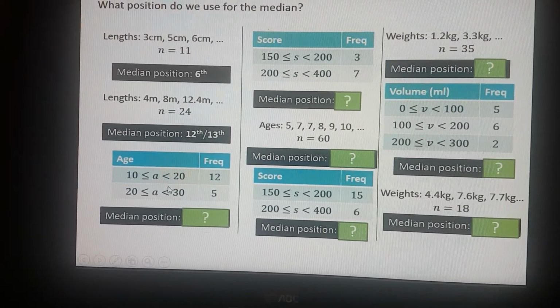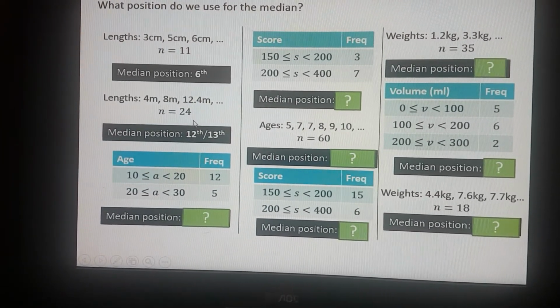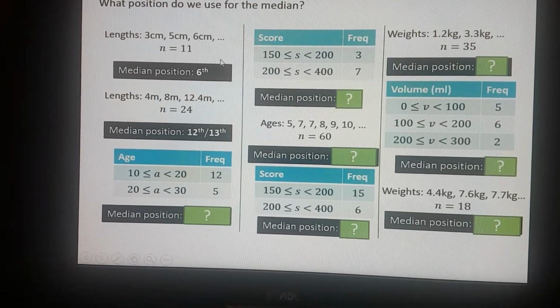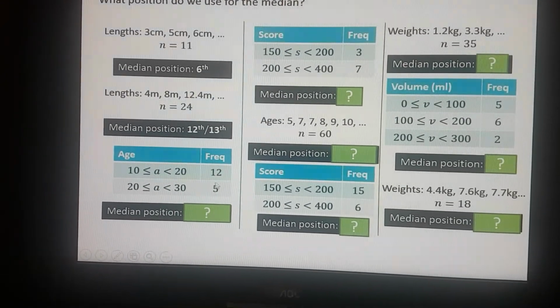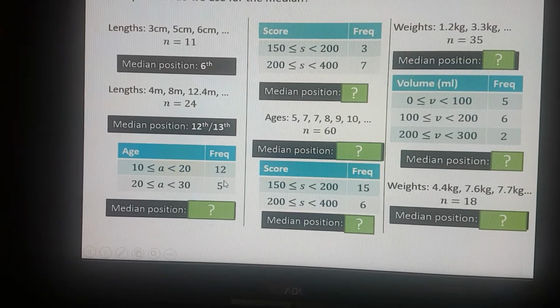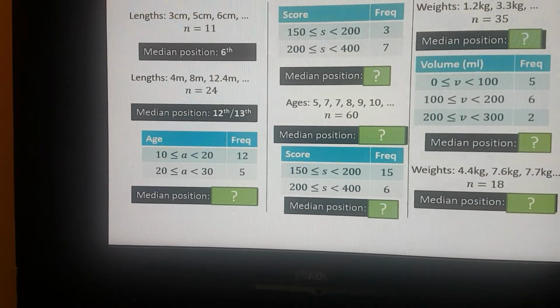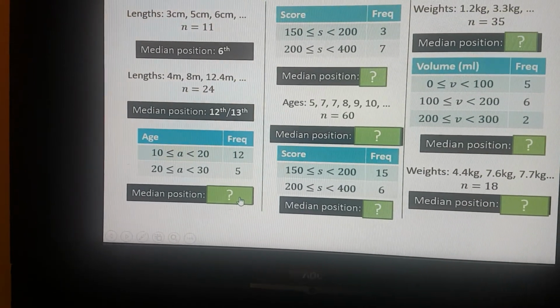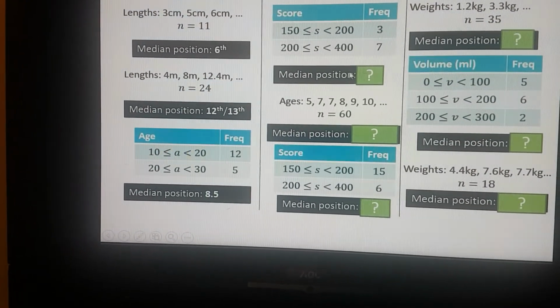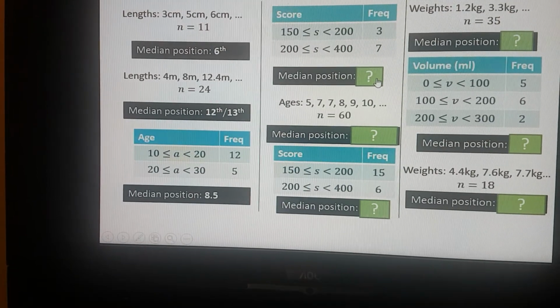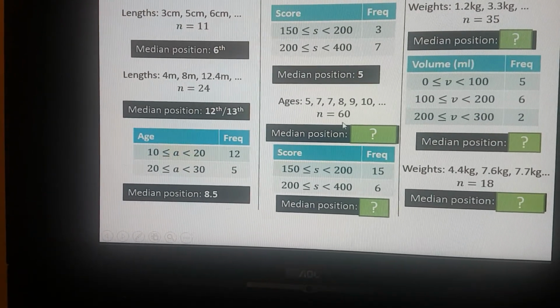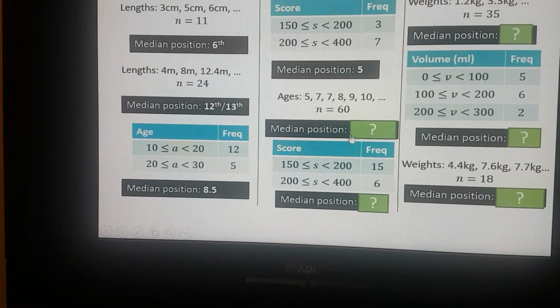This is not the same as previously. So what we do, we add here the n. n is 17. We divide 17 by 2, and then we keep it. Whatever we have, we keep it. It's 8.5. Here the same. 10 divided by 2, which is 5. Here we have 30. n divided by 2 is 30.